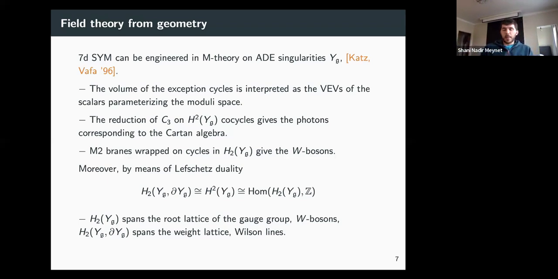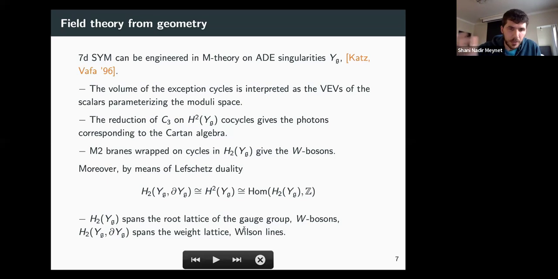This is a well-known fact if you think about the usual SU(N) Yang-Mills theory. In pure Yang-Mills, Wilson lines are labeled by the weight lattice, so they have representations like the fundamental, symmetric, antisymmetric, and so on, whereas the W bosons, the A mu fields, are in the root lattice, so they are in the fundamental times the antifundamental. They have zero N-ality.